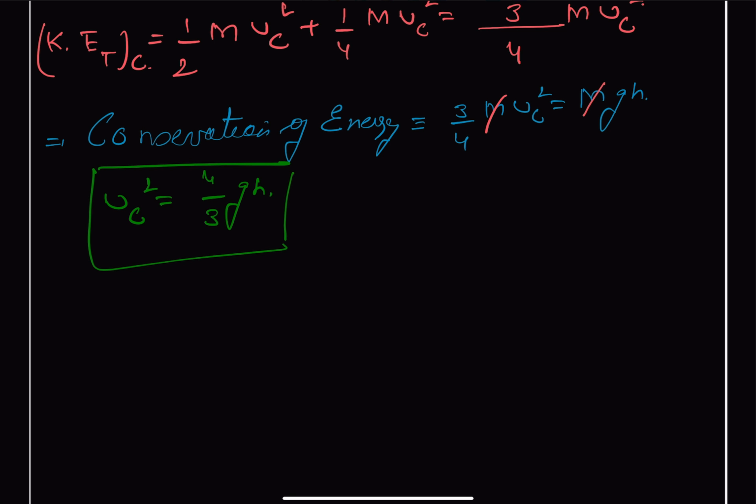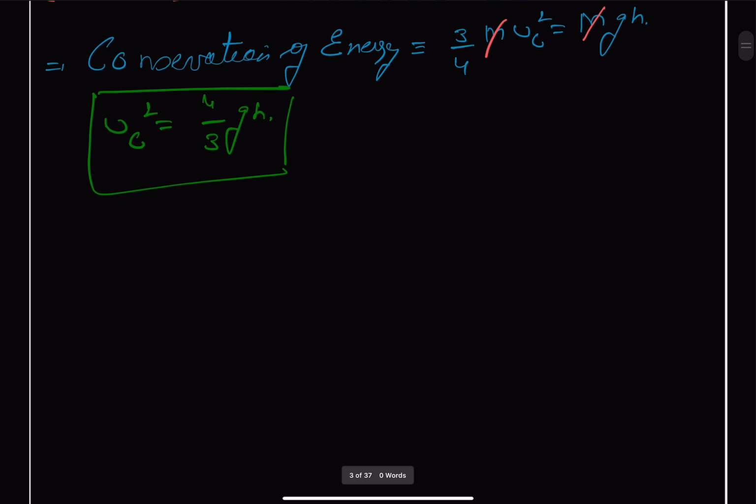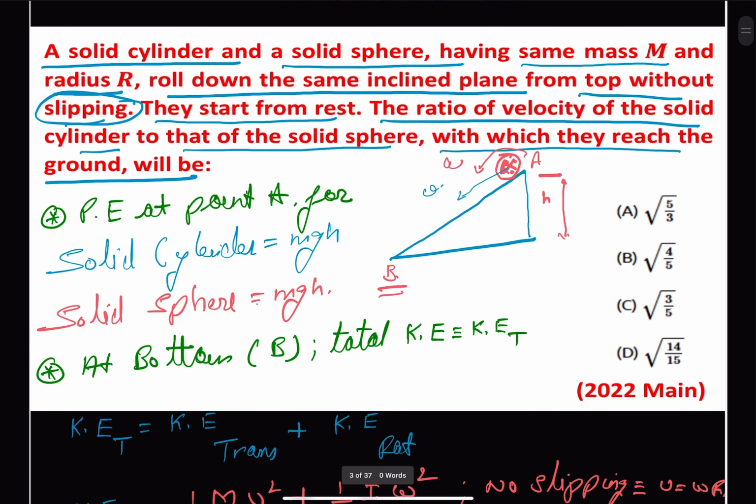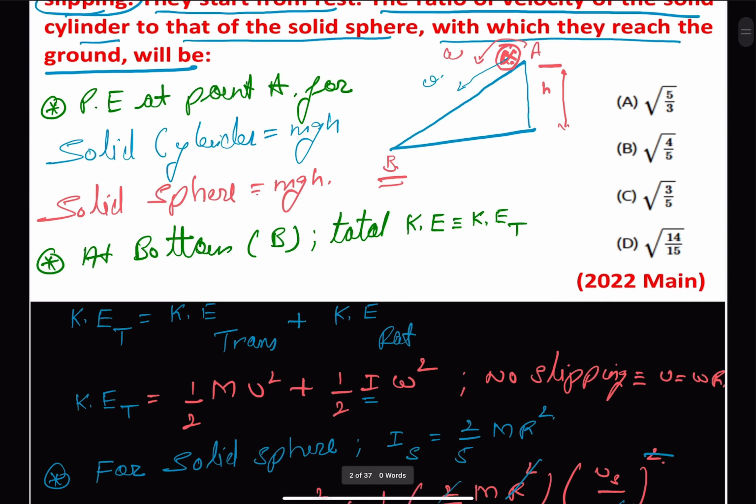Now we only require our ratio, which is our solid cylinder to solid sphere.